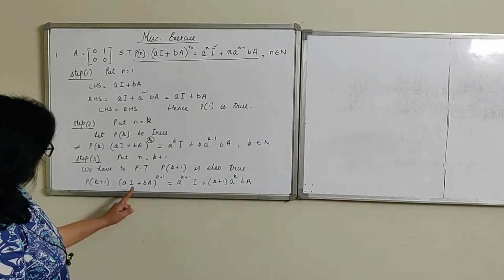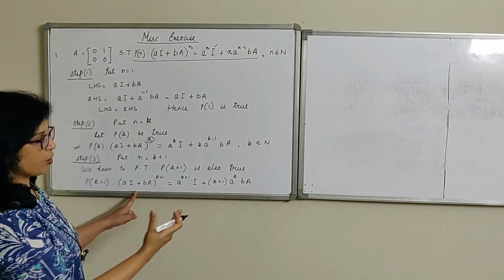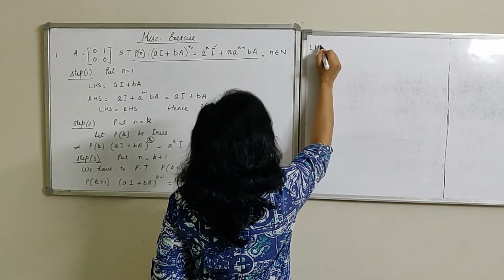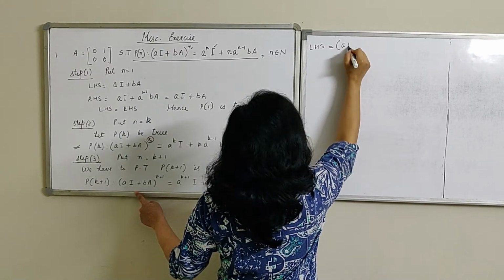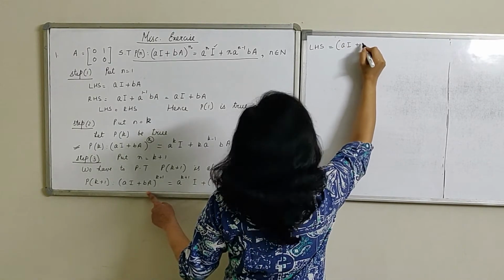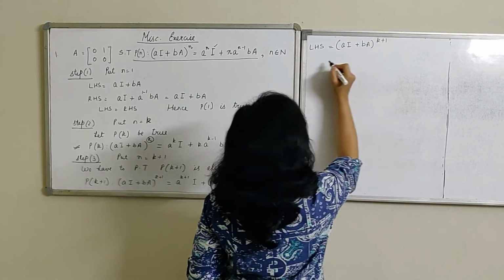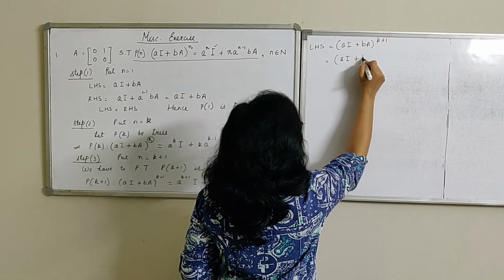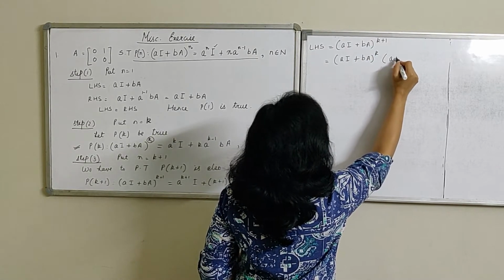And now we'll start from the left hand side and show that it is somehow equal to the right hand side. So starting from the left hand side, the expression that we have is (aI plus bA) to the power k plus 1, which can be written this way using laws of exponents.